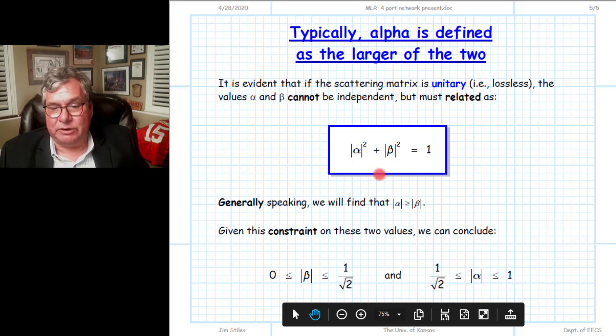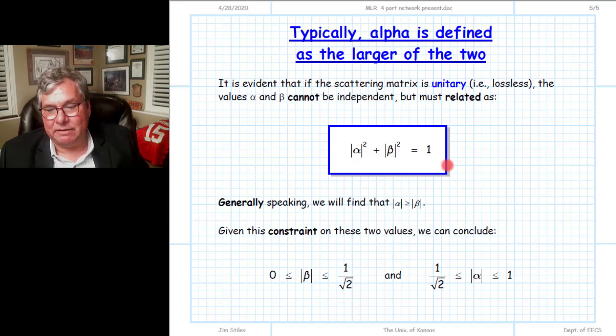We could have a situation where the magnitude squared of each of alpha and beta is 0.5 and therefore they add to 1, but we could also have a situation where beta is very small, 0.1 for magnitude squared, and therefore alpha would have a value of 0.9, or 0.01 for beta, or 0.0001 for beta. These are actual devices that are useful to us, and so oftentimes we will see the magnitude squared of beta be that small.